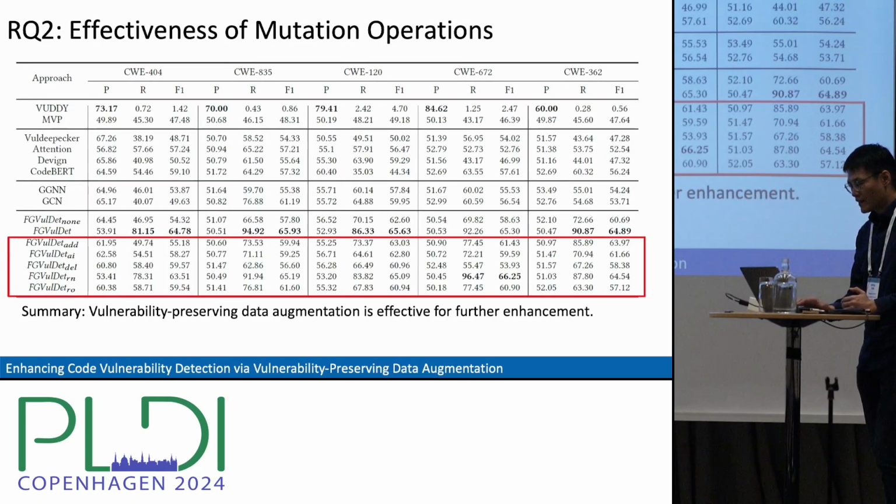We further conduct an ablation study to evaluate the effectiveness of the proposed mutation operators. We can find, in general, incorporating these 5 types of mutation operators can significantly improve the recall and F1 scores. And those different types of mutations exhibit inconsistent performance compared to the original model.